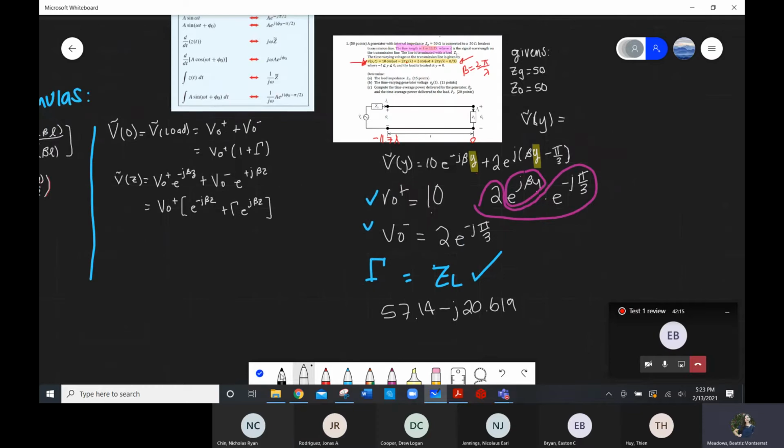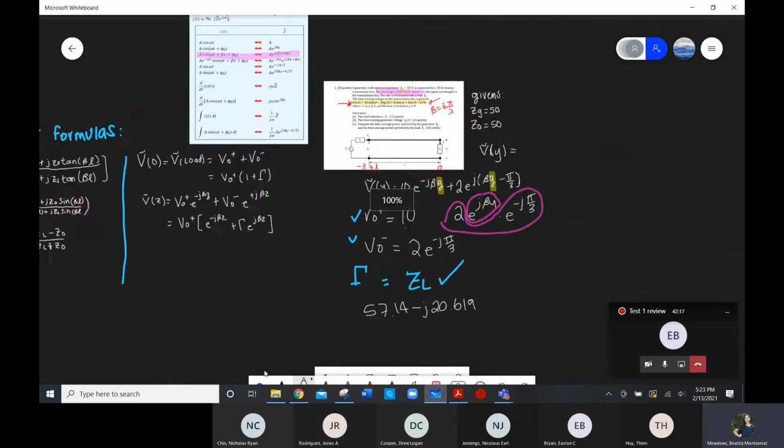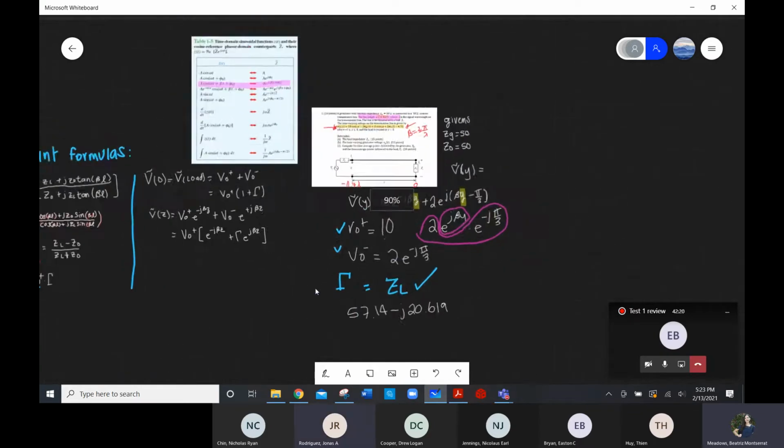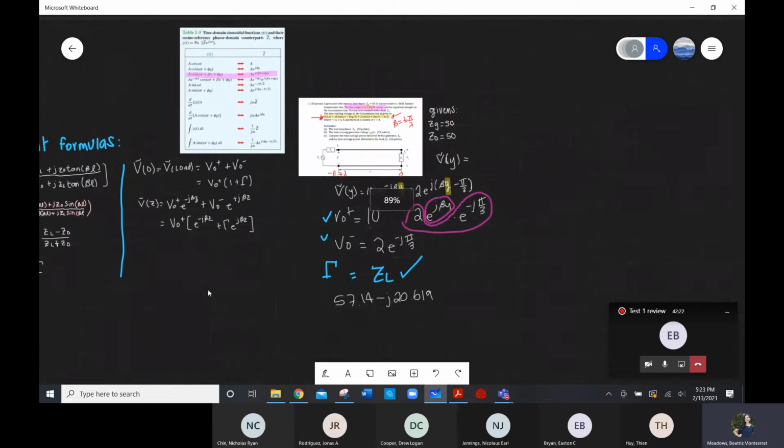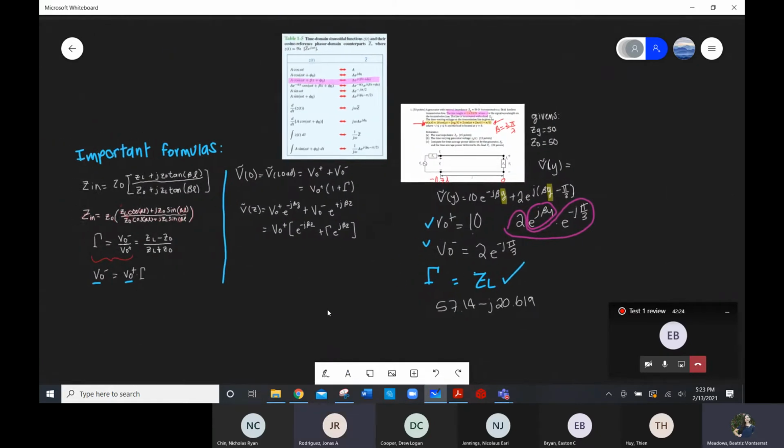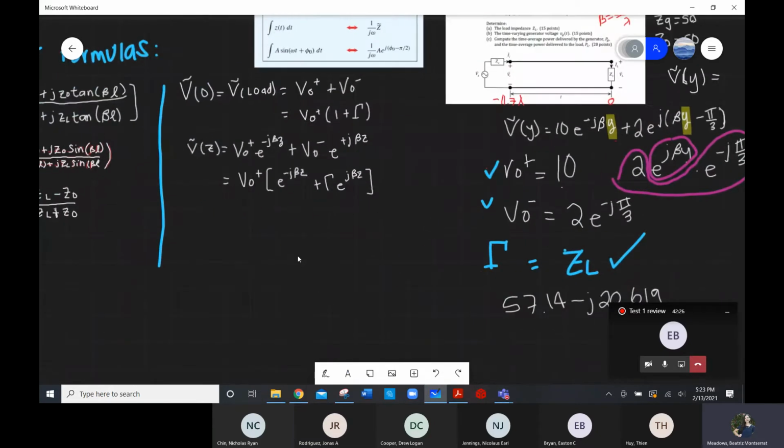Now, does anybody know another way to actually find what ZL is? Perhaps a voltage current relationship? What is resistance?